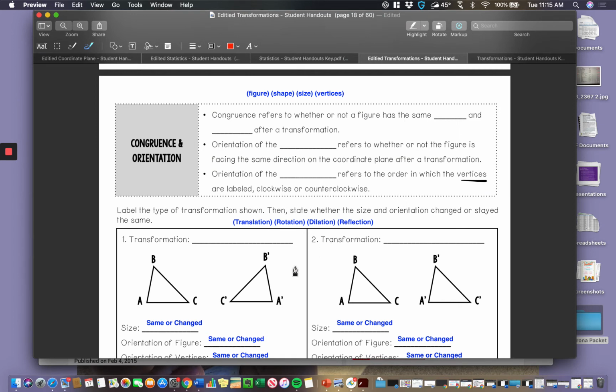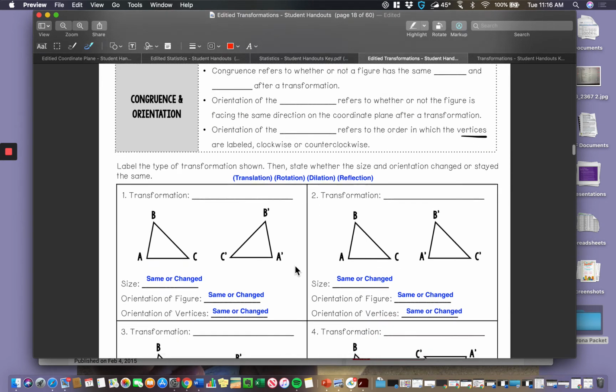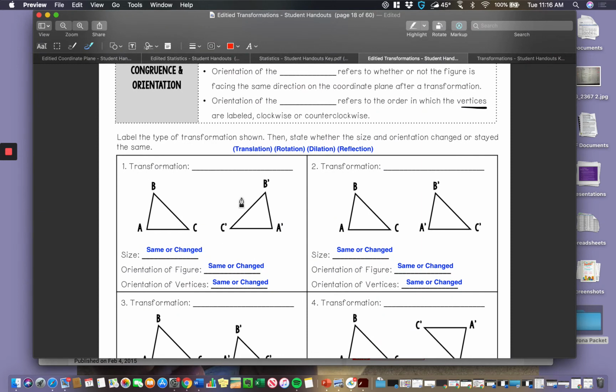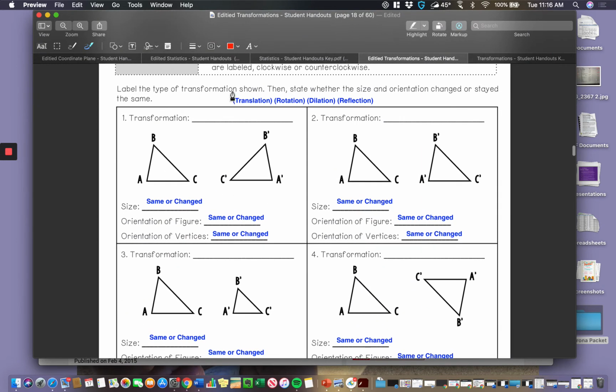So, down on the bottom, it says label the type of transformation shown. State whether the size and orientation changed or stayed the same. So, we want to know what kind of transformations these are, whether they're a translation, a rotation, dilation, or a reflection.